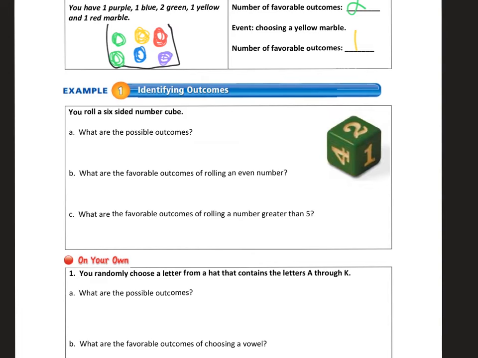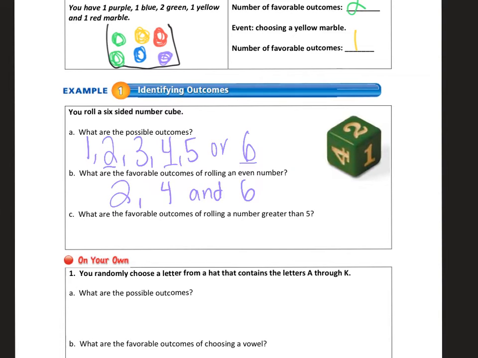Okay, another example. You roll a 6-sided number cube. What are the possible outcomes? Well, you could get a 1, 2, 3, 4, 5, or 6. What are the favorable outcomes of rolling an even number? Well, that would just be all the even numbers, so 2, 4, and 6 would be my favorable outcomes.